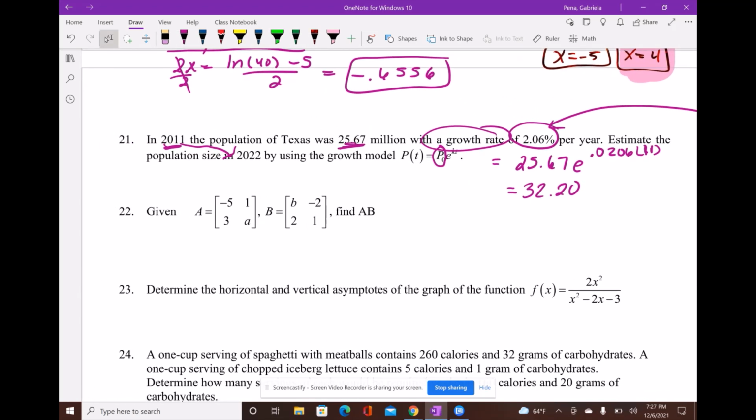All right. We're multiplying. Can we multiply A and B? It's a 2 by 2. Yes, you can. My two inner numbers are the same.